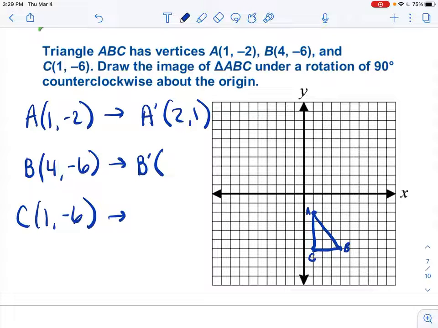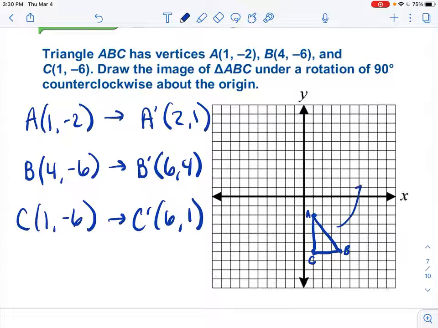I'd make my original Y the opposite sign, and then switch X and Y. And now since it's 90 degrees counterclockwise, it should be in this quadrant, so we'll make sure it is when we graph. Make sure to continue to label your points, just like that. And there we go.